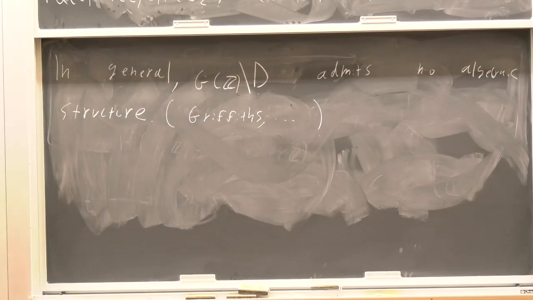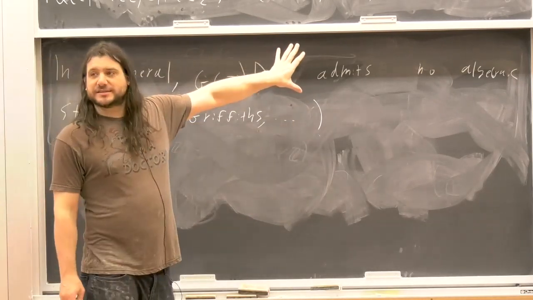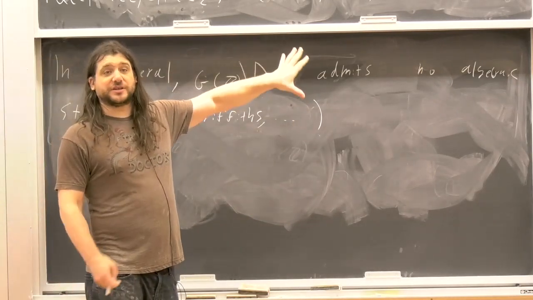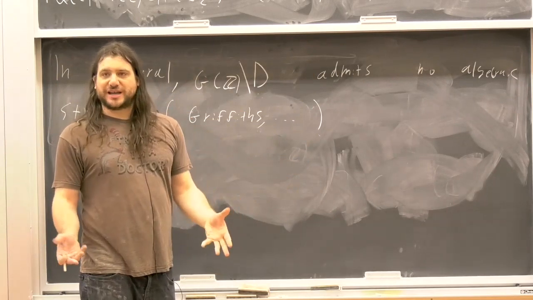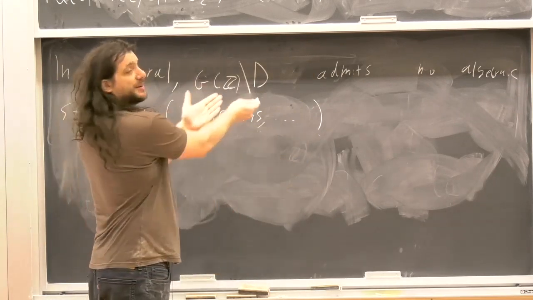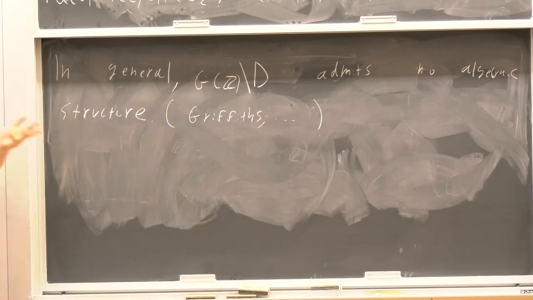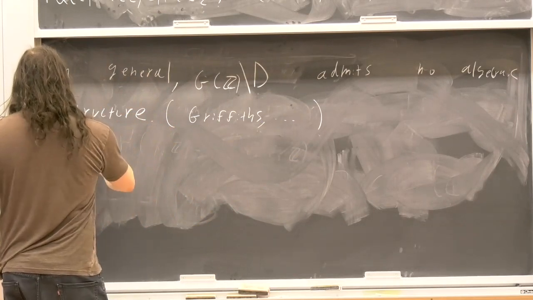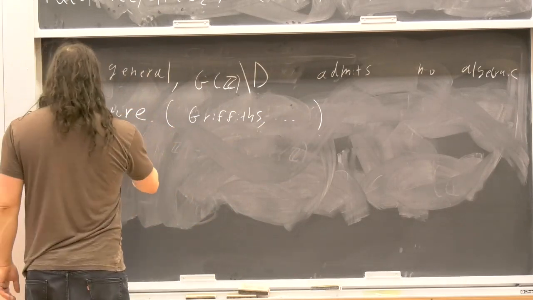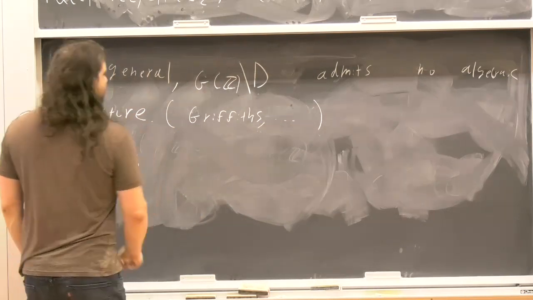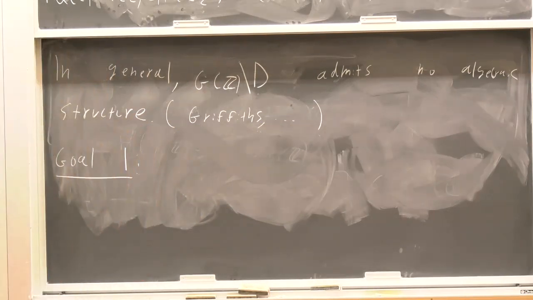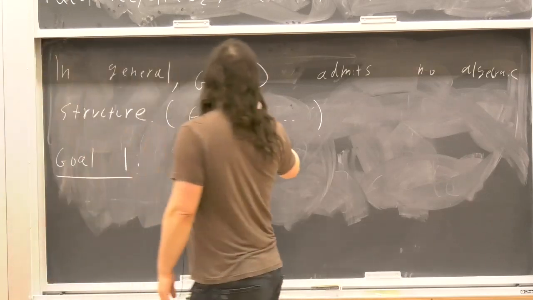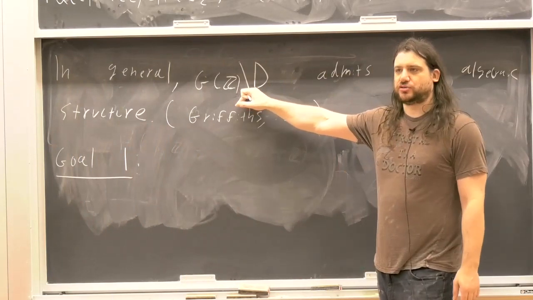And so the idea is we want to extract some kind of information, even algebraic information, about our algebraic varieties from this object we want to study directly, even though it itself admits no algebraic structure. So one of our goals, there are basically two goals that I have for this set of lectures. Goal one is to give a definable structure to this object.